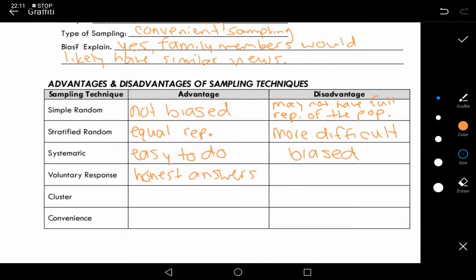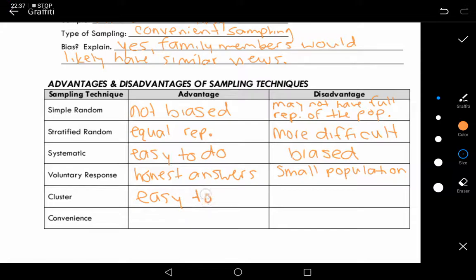A disadvantage is that you might end up with a small sample if not a lot of people decide to respond. Again, you have to volunteer for this one. Clusters, again, that was the one where we divide into clusters and then we choose a whole cluster to join us. That one's pretty easy to do.